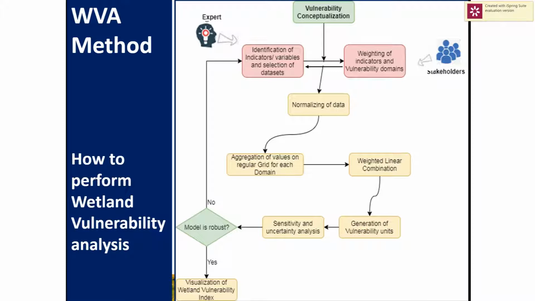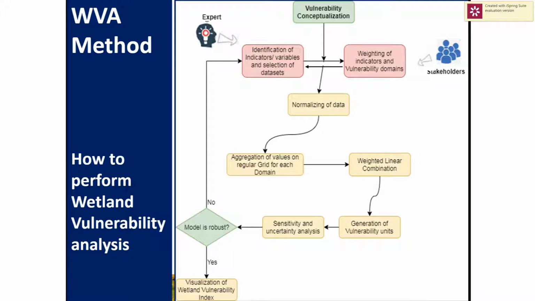The vulnerability units can also be considered as vulnerability classes, whereby you have class 1, which may refer to low vulnerability, class 2, moderate, or high vulnerability of a particular wetland.